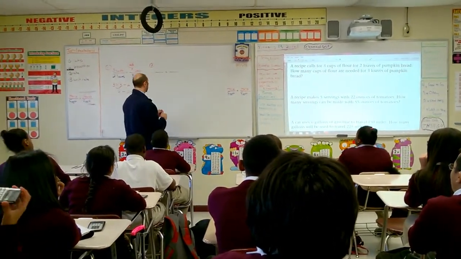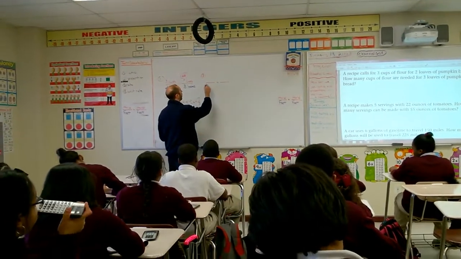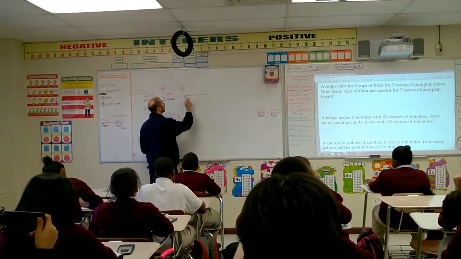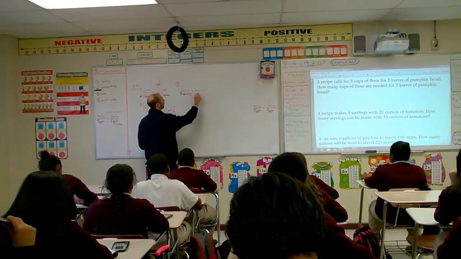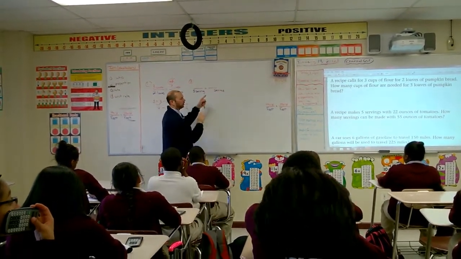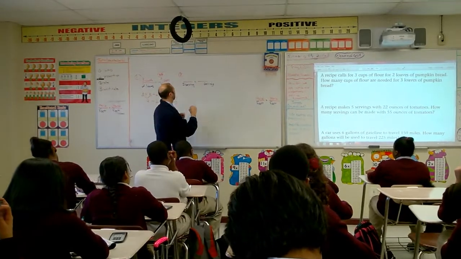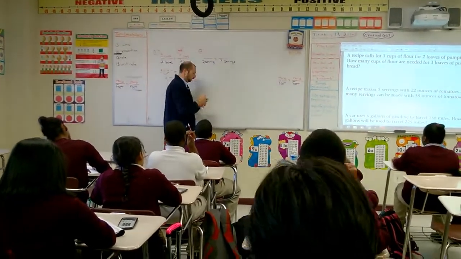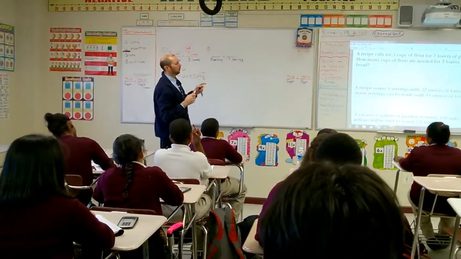All right, so we're making servings of each. So I have 5 servings. Right. So this side has to be servings. Do we know how many servings? We said ounces on top.